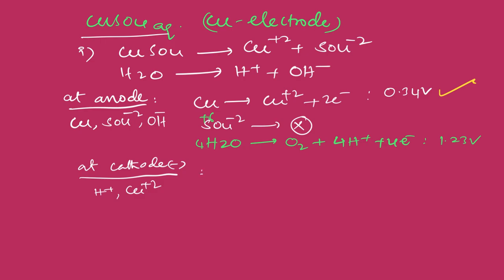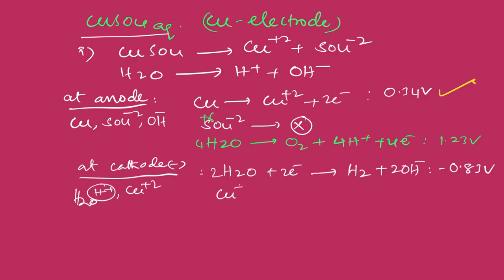Now H plus means water undergoes reduction and converts into H2 plus 2OH minus, because this H plus is from the water only, then here 2, and this value is minus 0.83 volt.